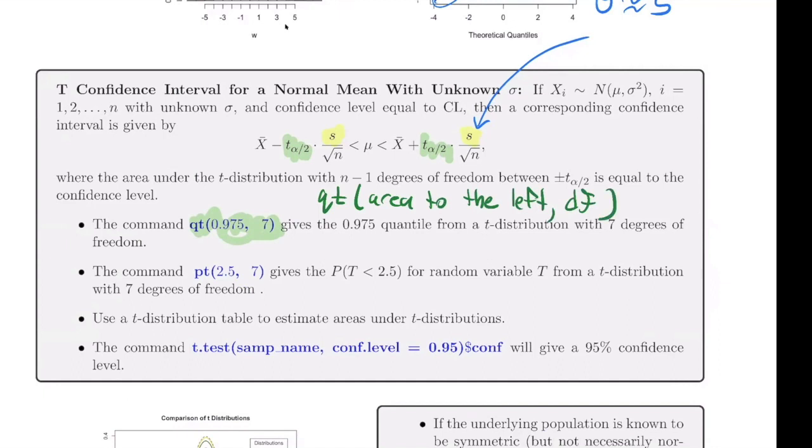For this quantile t-distribution function, there are two things that we enter. One is the area to the left, and the other is the degrees of freedom.